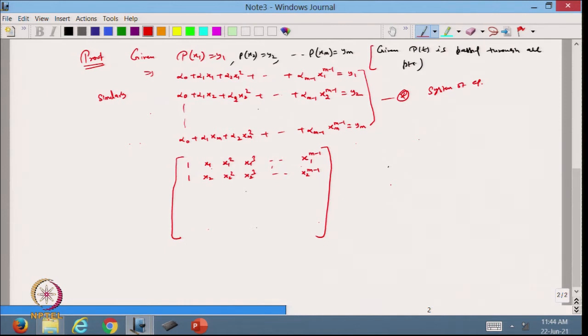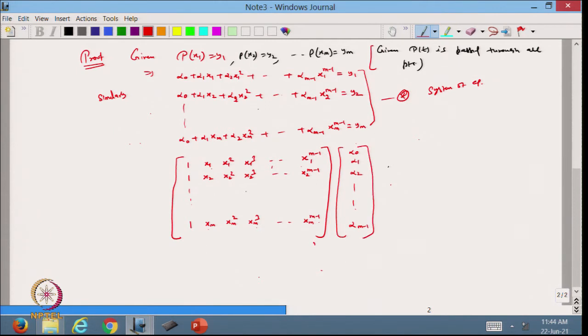This is the way we can write the corresponding matrix, multiplied by the vector alpha 0, alpha 1, alpha 2, up to alpha m minus 1.